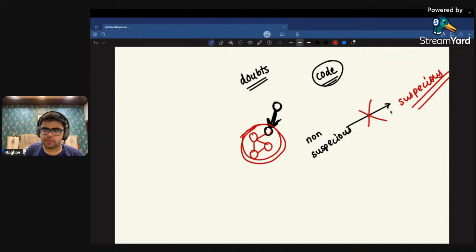But you can't remove the suspicious nodes if there is any such edge, or basically if there is any such method which is invoking a suspicious method. So Sanjeev, is this clear?